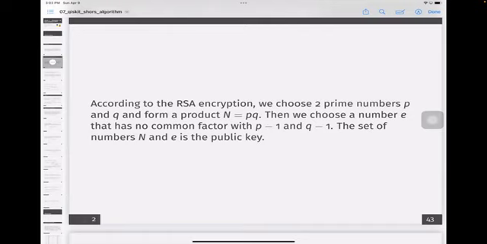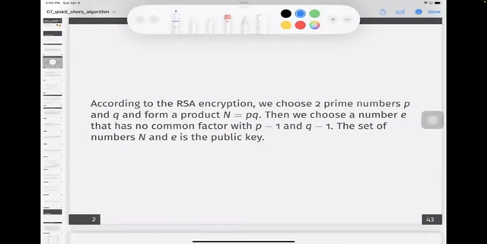According to this theory, you have large prime numbers P and Q, which when you multiply will give you a composite number N. And then we choose a number E, which is what we'll use in order to encrypt messages.